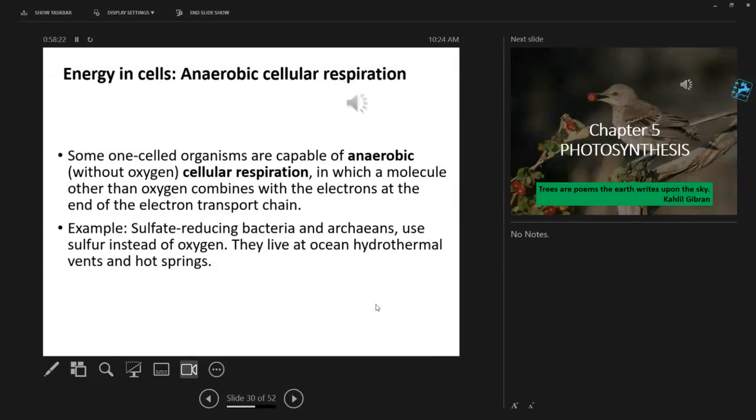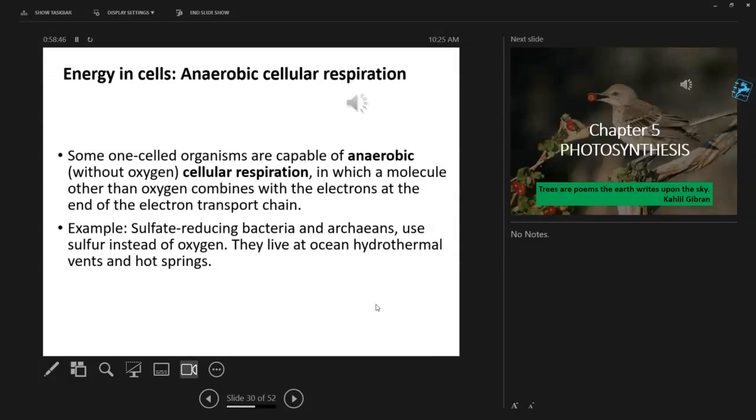It says sulfate reducing. That means these weird little one-celled organisms use sulfur the way we use oxygen. So it's a type of cellular respiration, but doesn't require oxygen.